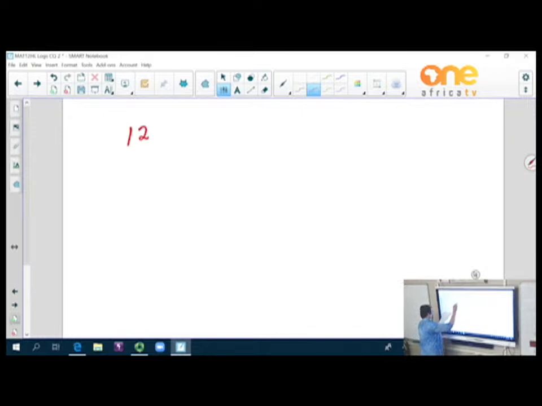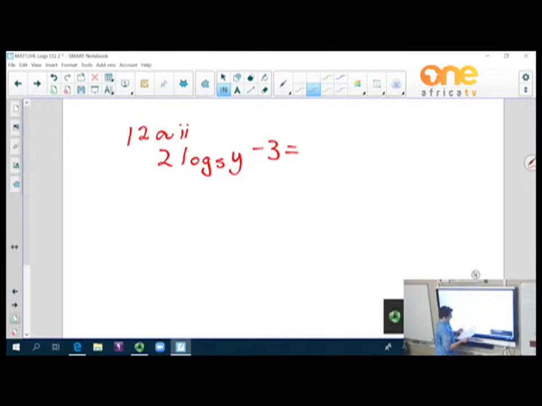So we have 2 log base 5 of y. Then you have the minus 3 is equal to negative 4 over log y of 5. And let's first get rid of that change of base.